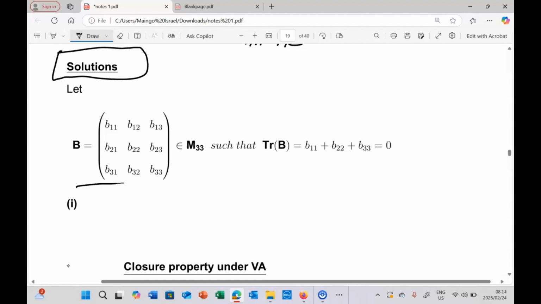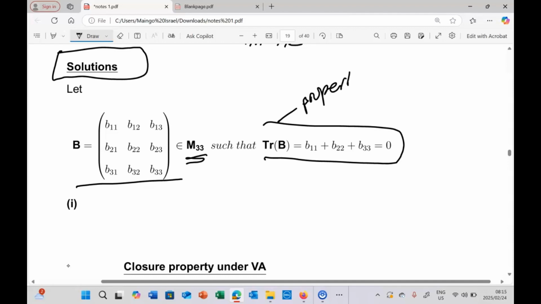So this is a matrix B belonging to M33, a square matrix with these entries B11, B12, B13, B21, B22, B23, B31, B32, and B33, belonging to M33, such that the trace of B, which is the property of the set, also needs to be satisfied.